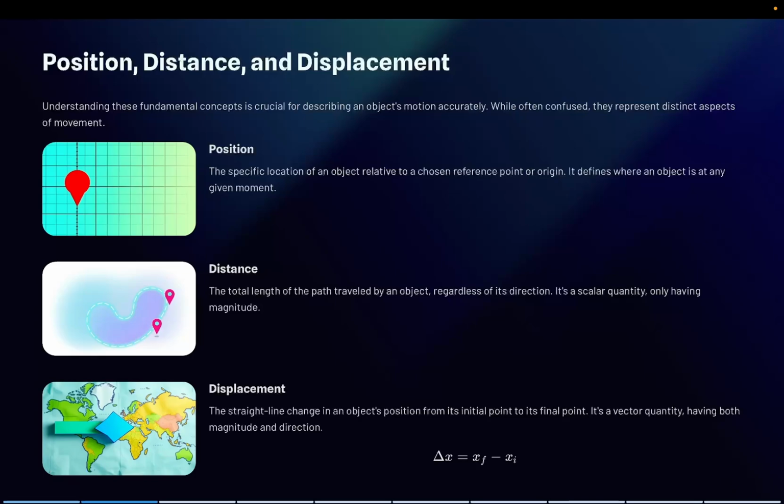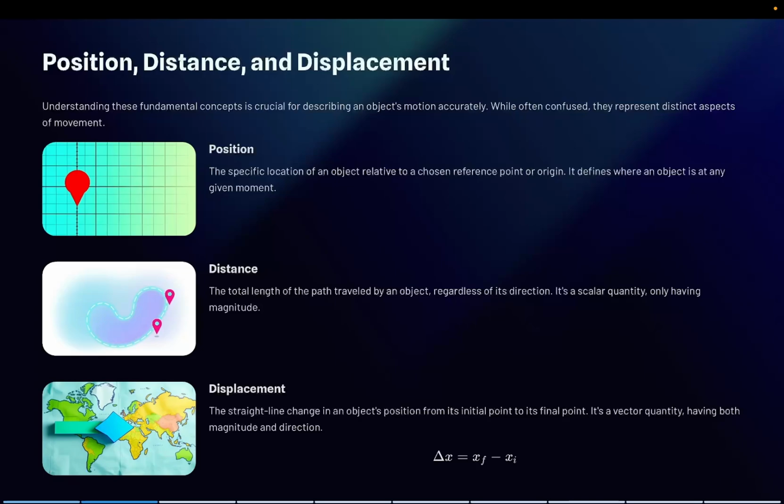So what's the difference between distance and displacement? Distance, as mentioned here, is the total length of the path traveled by any object. That means if I travel from my home and then to the shop and then to my friend's house, the distance is the whole path traveled.